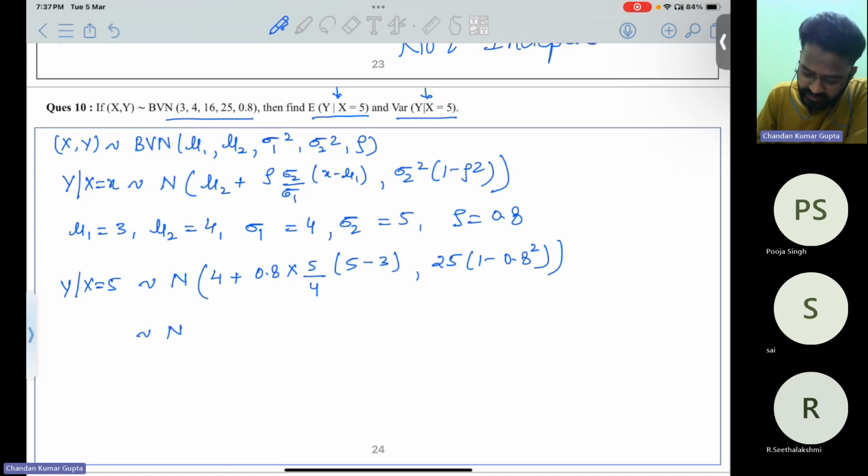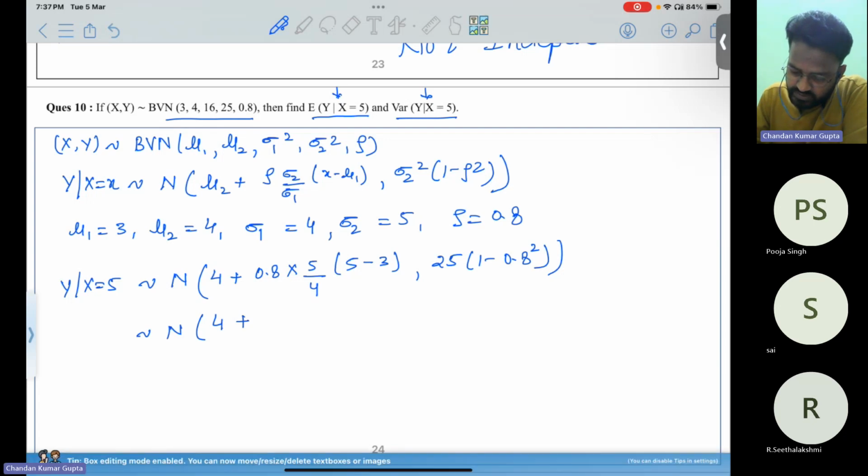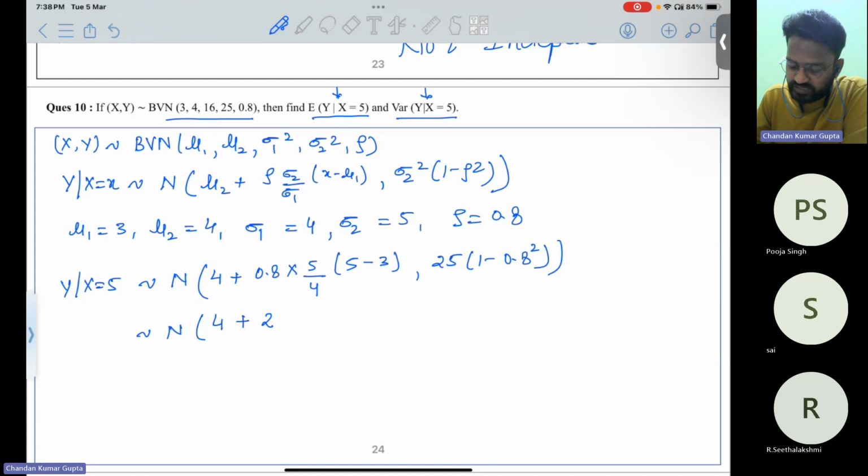So this comes out to be 4 plus 2, because 0.8 divided by 4 is 0.2, into 5 is 1, and 5 minus 3 equal to 2.